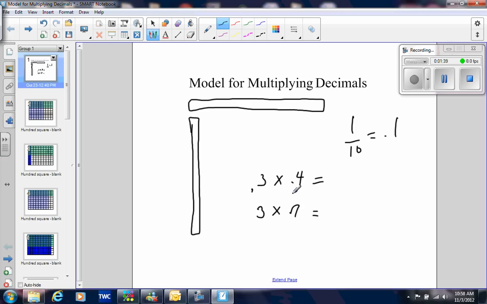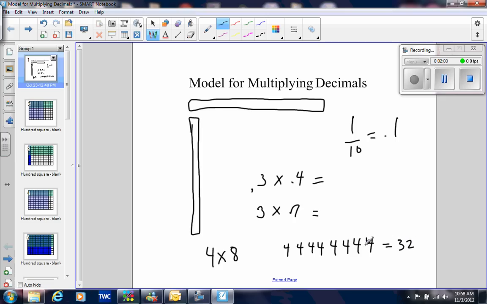Usually when we think multiplying, we think 4 times 8. We're thinking that's 4, and then 4 again, and then 4 again, and then 4 again, and then 4 again. 8 times. And we end up getting 32.